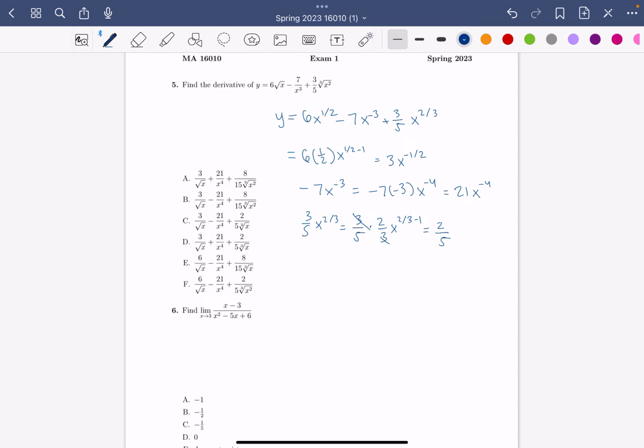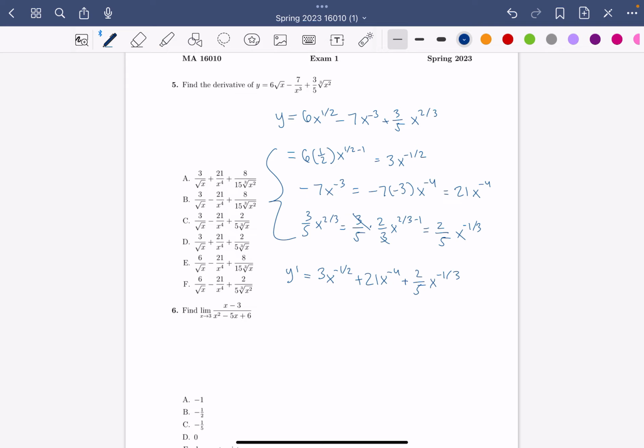We would get 2/5 x to the negative 1/3. Now we're going to put all of these 3 terms together. We would get y prime equals 3x to the negative 1/2 plus 21x to the negative 4 plus 2/5 x to the negative 1/3.